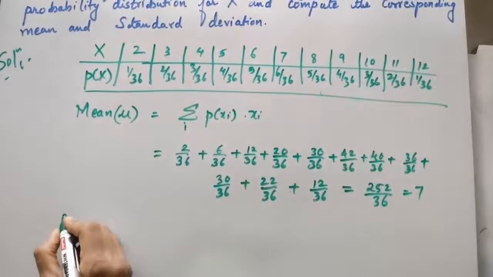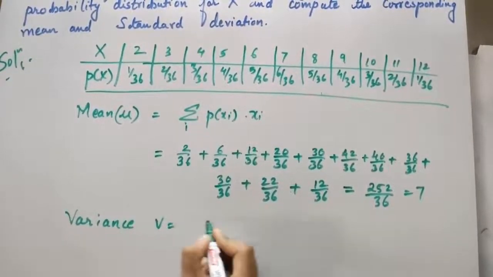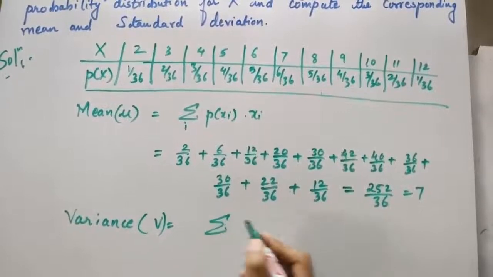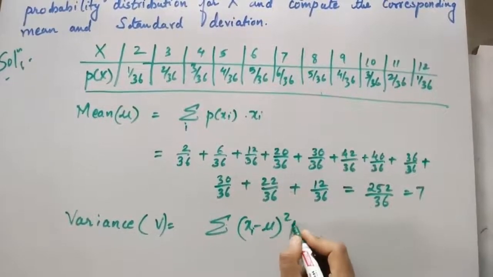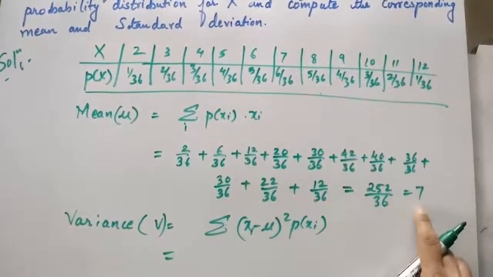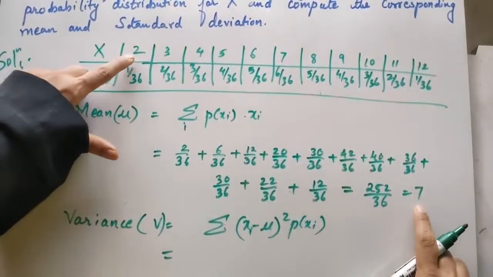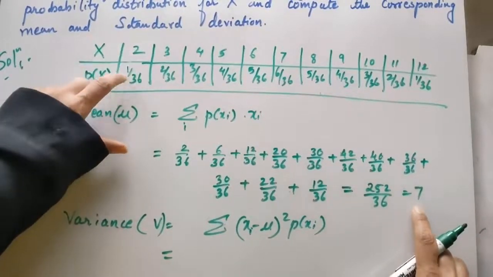Now variance will evaluate. Variance V is equal to summation of xi minus mu whole square into p of xi. So each value you have to subtract, and again you have to multiply it with the probability.